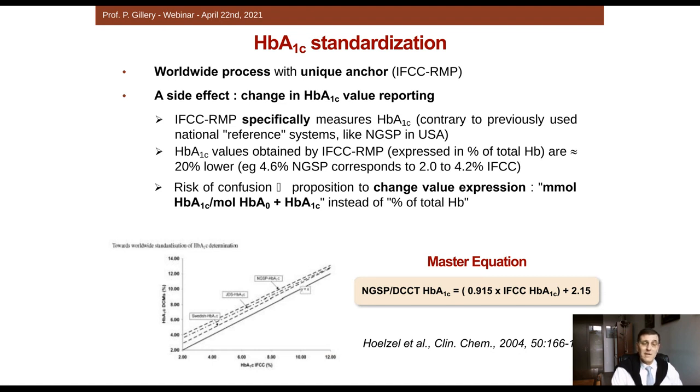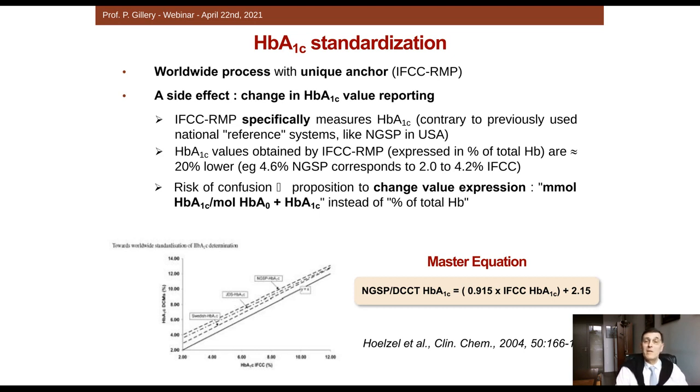But the description of this method had a side effect, which is a change in HbA1c value reporting. Indeed, the IFCC RMP specifically measures HbA1c, contrary to previously used national so-called reference system like NGSP in the USA using ion exchange chromatography.